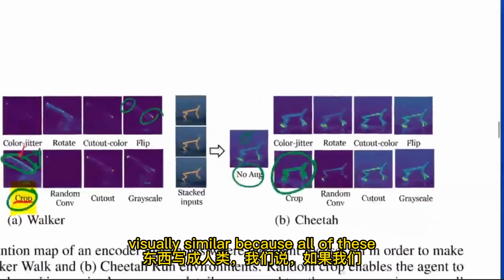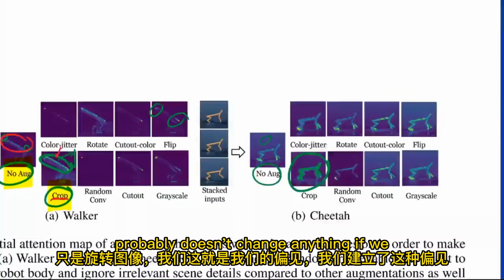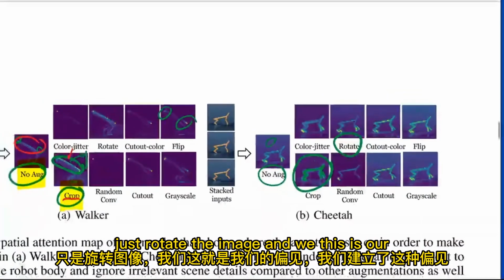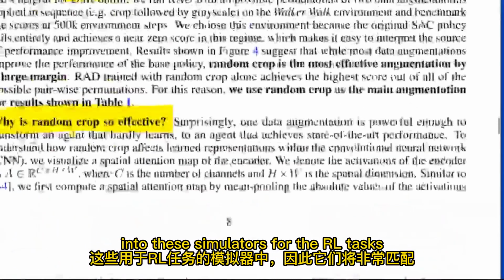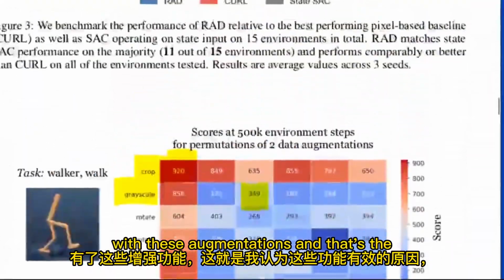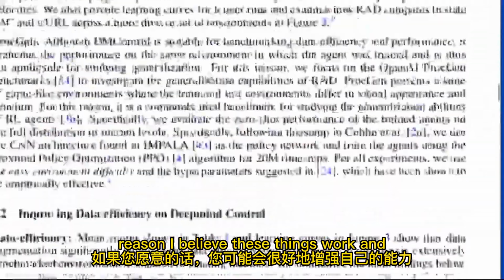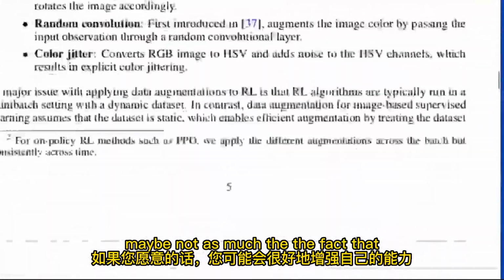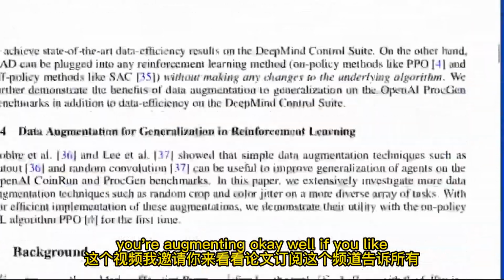To us as humans, we say probably it doesn't change anything if we just rotate the image. And this is our prejudice, and we built this prejudice into these simulators for the RL tasks. So they will match up extremely well with these augmentations. And that's the reason I believe these things work, and maybe not as much the fact that you're augmenting.